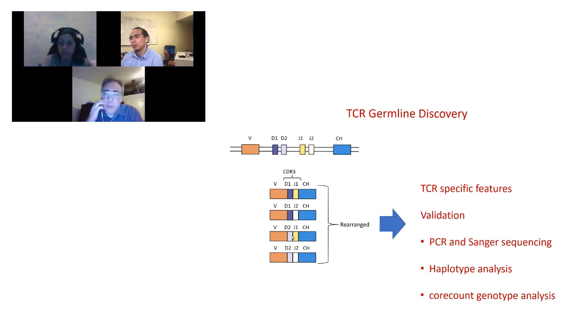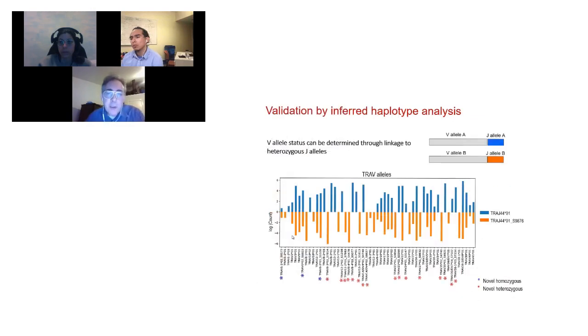We have also used some updated validation techniques, such as PCR Sanger sequencing and haplotype analysis, to go through a lot of the alleles that we are finding, just to make sure that the program is giving us accurate outputs. So just to give you an example here of an analysis from one of the libraries we produced.